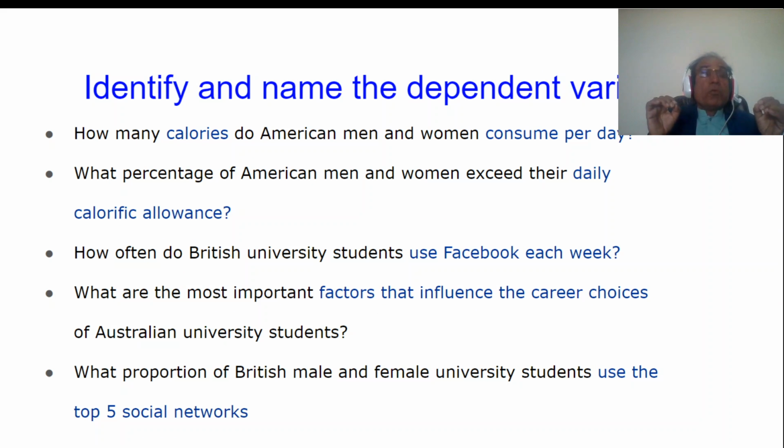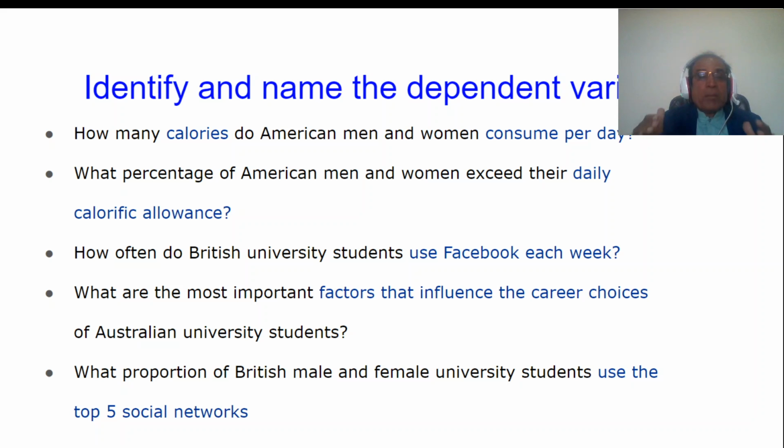Next, you have to identify and name the dependent variable. Here, how many calories do American men and women consume per day? What percentage of American men and women exceed their daily caloric allowance? How often do British university students use Facebook each week? What are the most important factors that influence the career choice of Australian university students?